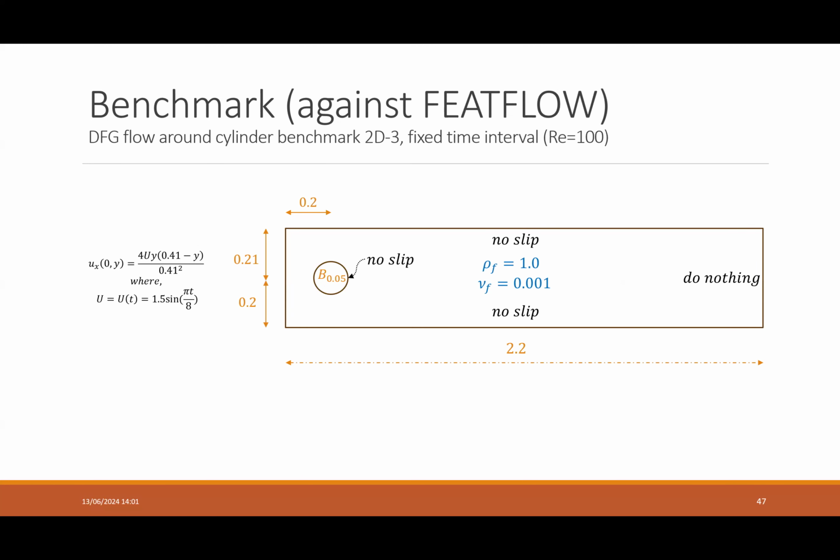Nothing is concrete without a benchmark case, to see how the solver scales against a benchmark. So this should be Dr. Doken's favorite example, at least with CFD: flow past a cylinder. Now the values are compared against FeatFlow, which is available on their database.